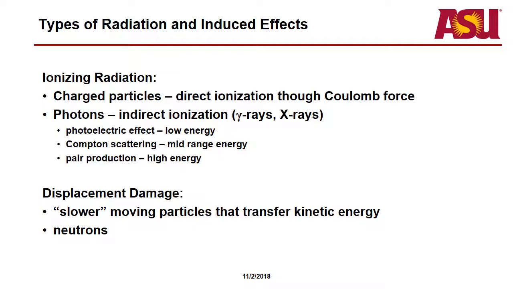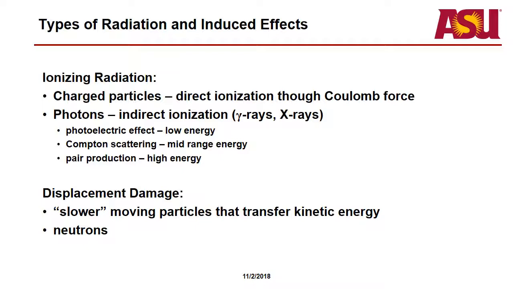Photons are actually considered indirectly ionizing. These are like gamma rays and X-rays, and this is because essentially the photon first has to be absorbed by an electron before the electron can be ejected off of its atom. Depending on the energy of the photon, there are 3 different mechanisms for this generation of free charge.